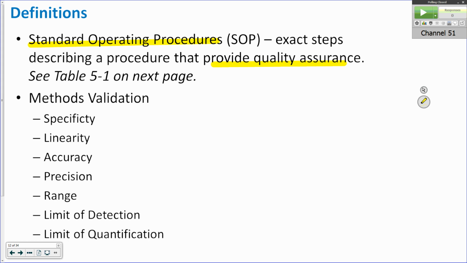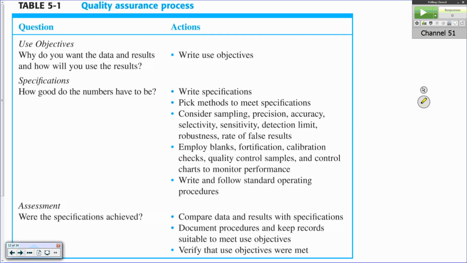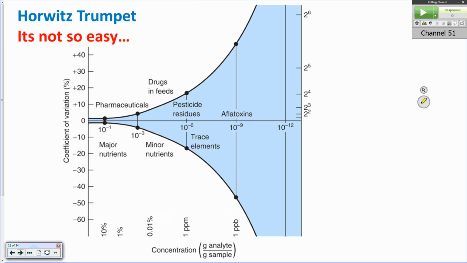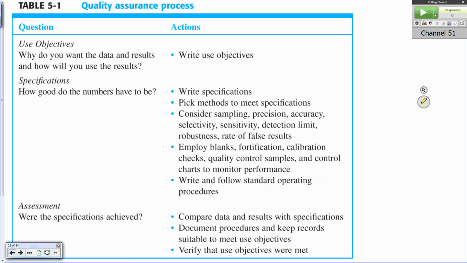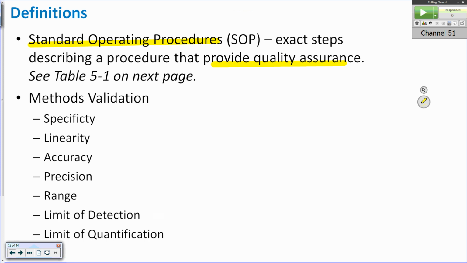Those are listed out on this table on the next page. There are a lot of different things that you can do here, and this can be almost an endless table of things to do. It really depends on the type of analysis that you're doing and what the level of quality assurance is going to be.